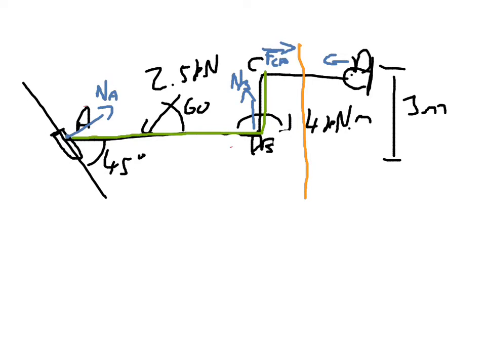You would have your 4 kilonewton meter. You'd have that label for the moment, but you wouldn't have to draw anything else. So that would be how you'd draw your free body diagram for the second group problem solving exercise of lecture 5.